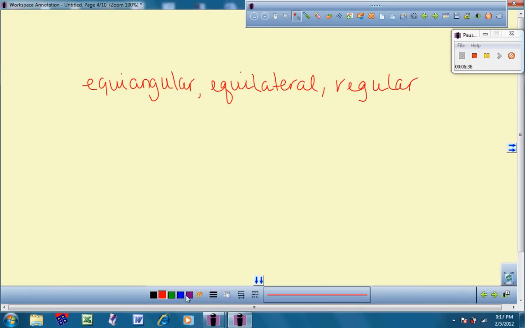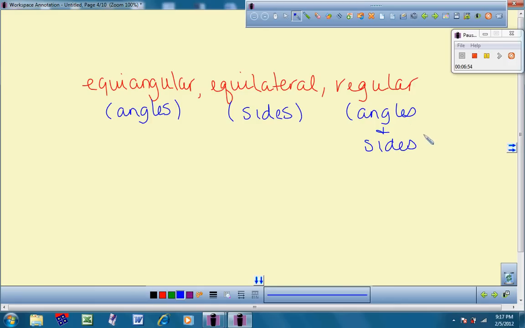Alright, remember that equiangular, all of the angles are congruent. Equilateral, the sides are congruent, and with regular polygons we have both angles and sides congruent. Alright, so let's go ahead and identify the polygon that I am going to put up.